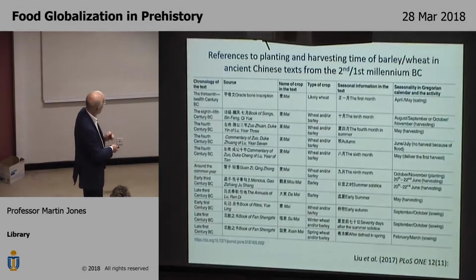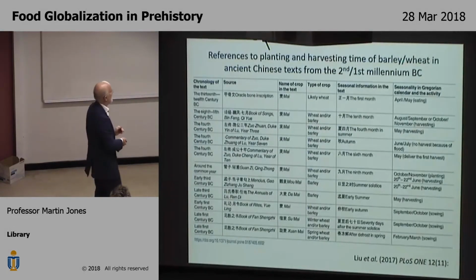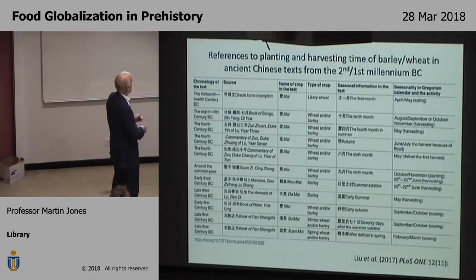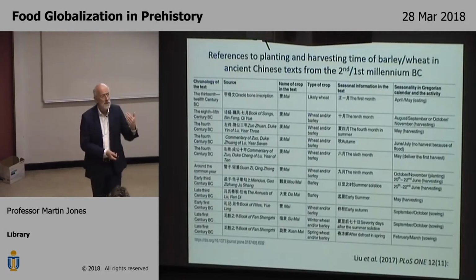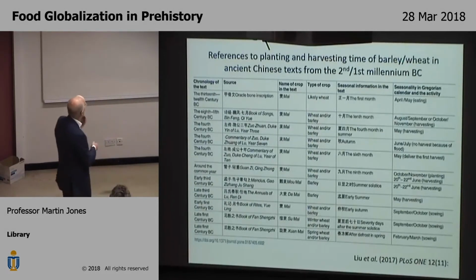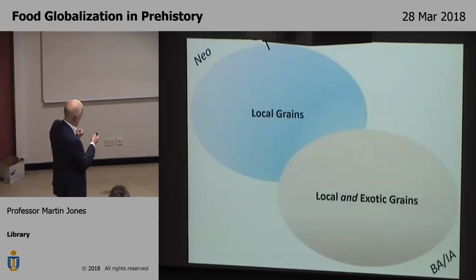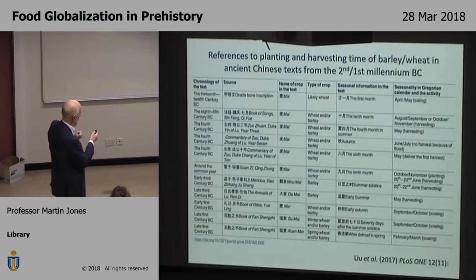And there aren't texts as early as the Sumerian texts, but nonetheless, once you get texts from oracle bones onwards that talk about crops, again what you see is an interest in the season of growth and the possibility of multiple cropping through the year.